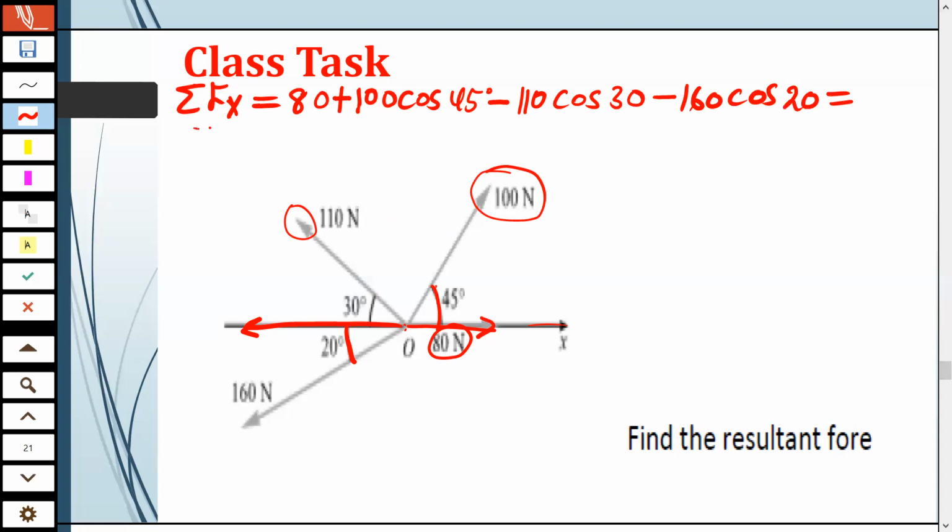So the summation of forces in the x is going to be equal to, so we have 8, we have positive 70.7, and then we have negative 110 cos 30, that is 95.3. And then we also have the other one, which is 160 cos 20, which is 150.4.